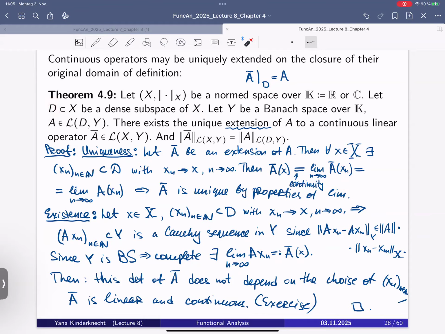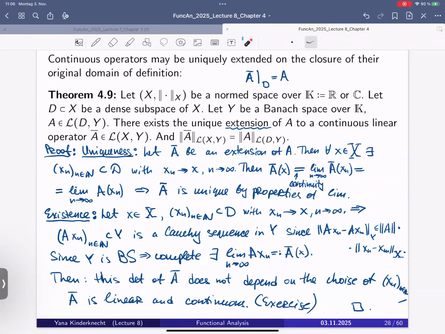For example, we consider a differential operator on smooth functions, which are just a subspace of, like, L2. We consider operators on a nice subspace where the operator is given explicitly, and we investigate it there, but then we can make conclusions about the corresponding operator on the whole space.